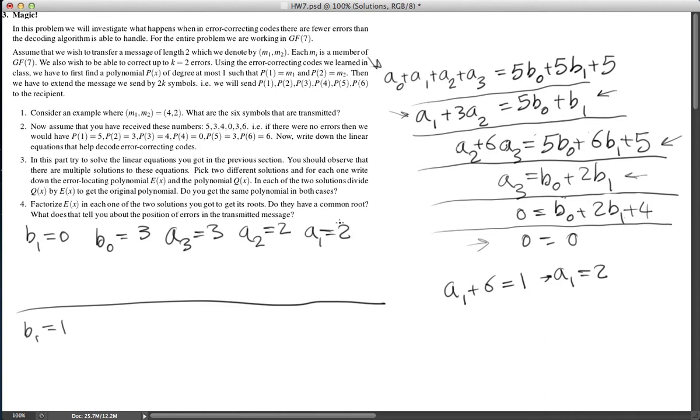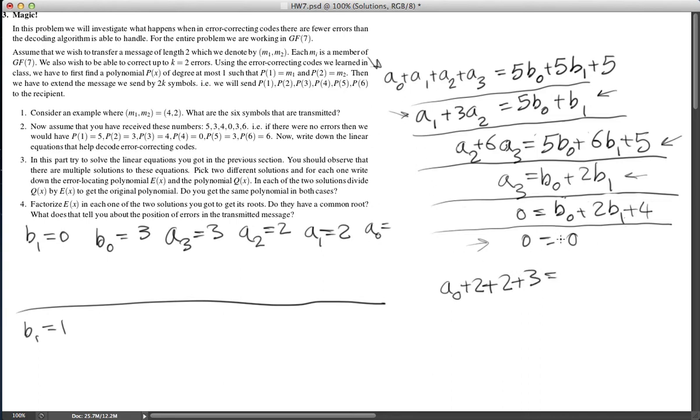And finally let's go ahead and write down the value for a0. For a0 we have a0 plus a1 is 2 plus a2 is 2 plus a3 is 3.